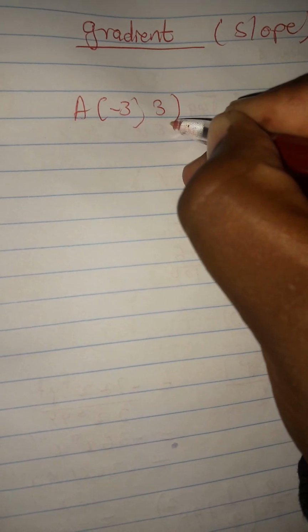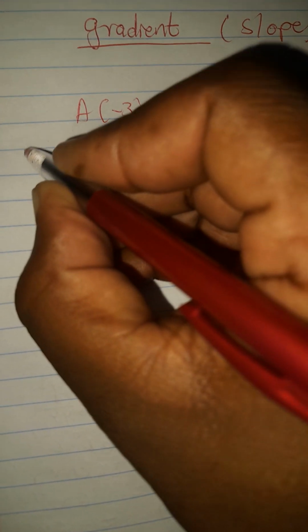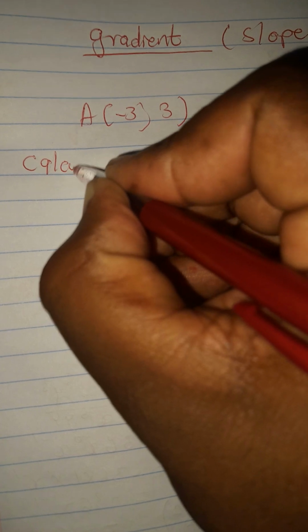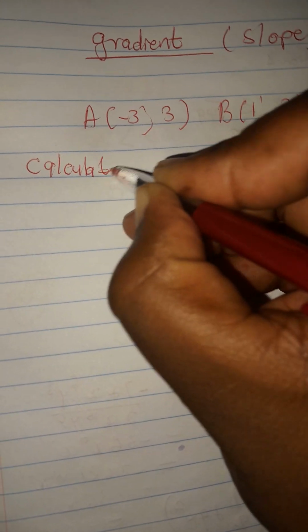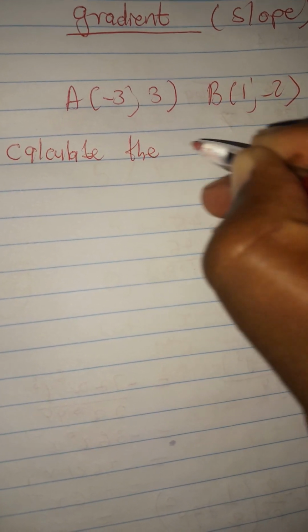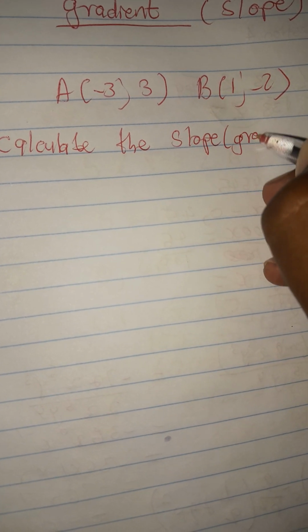In an exam, they will ask you to calculate the gradient. You may have noticed in one of your assignments, they did ask you to calculate the slope. Consider A as (-3, 3) and B as (1, -2). They said calculate the slope, or what you call a gradient.